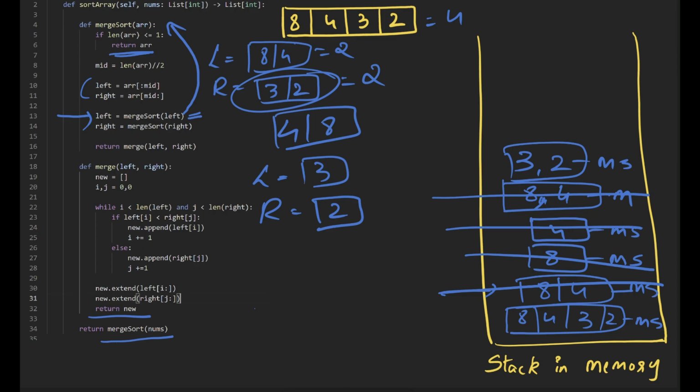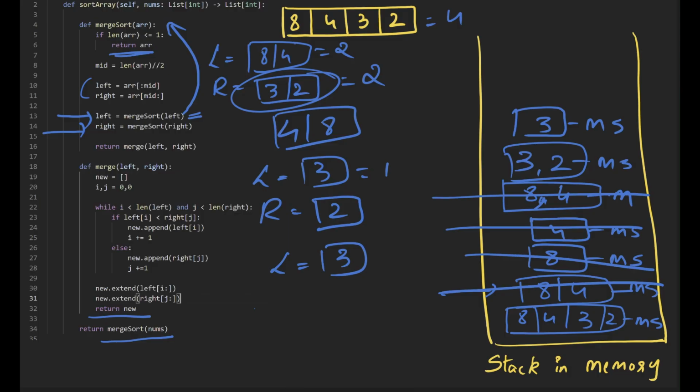We're calling merge sort for 3. Since the length equals 1, it will return the same array. So left becomes 3. And now we get to go to line number 14.